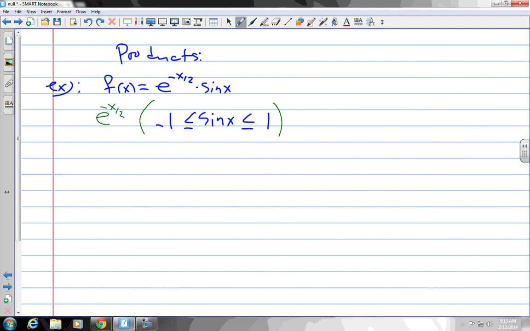The reason that I can do that is because exponential functions are always positive, so they don't mess with the inequalities. So this whole thing becomes negative e to the negative x over 2 less than or equal to e to the negative x over 2 sine x less than or equal to e to the negative x over 2. Okay?